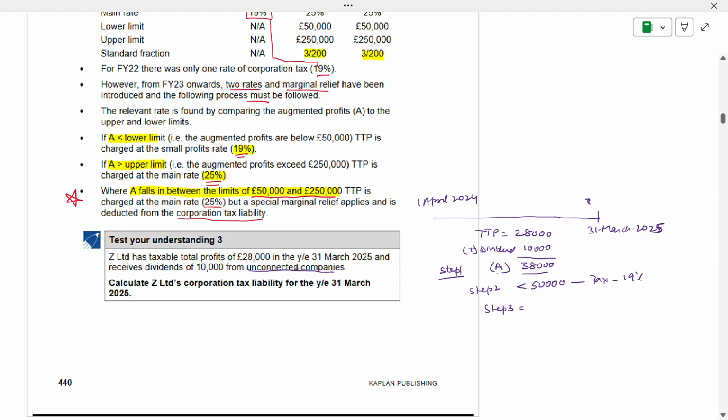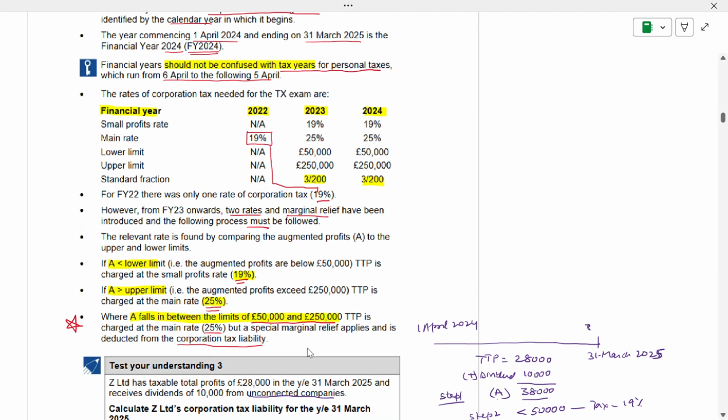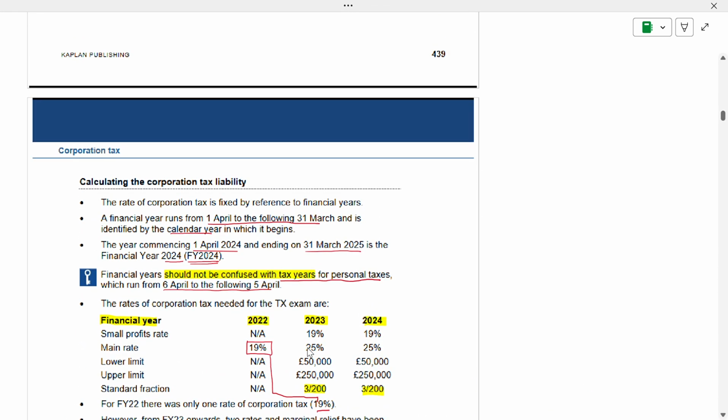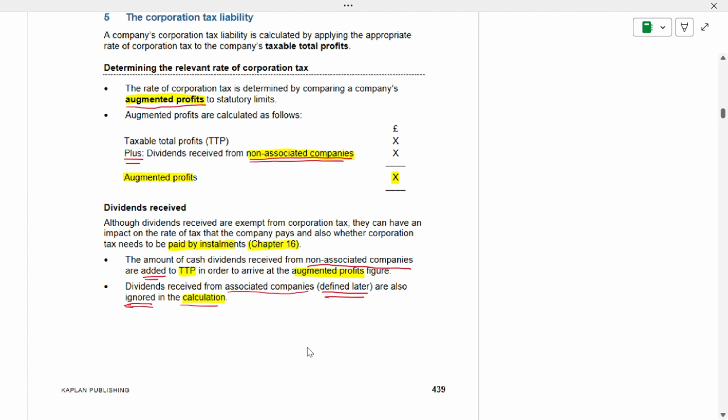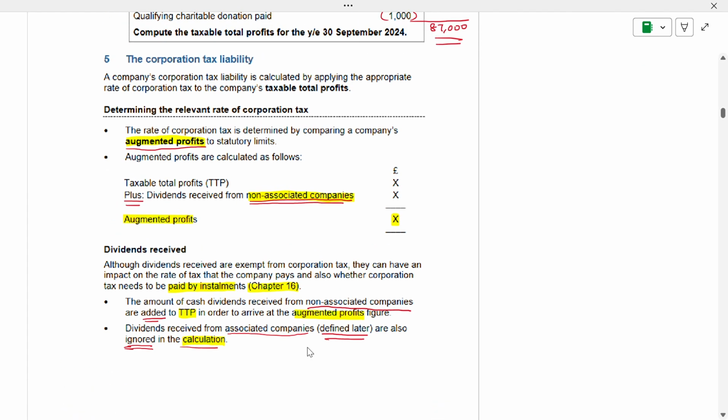If it is 19%, on which amount are we going to calculate? This is step 1, this is step 2. Step 2 is only to identify the tax rate. What is step 3?